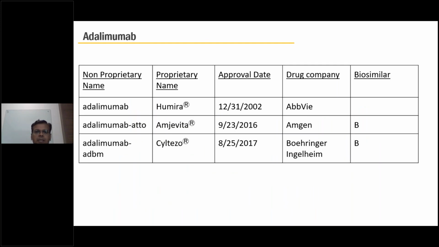Okay, so this is adalimumab. This is the innovator which is already there in the market, Humira. And then there were other biosimilars from Amgen, Boehringer Ingelheim. These are all big companies, but still they are producing biosimilars. So they are treated as biosimilars.